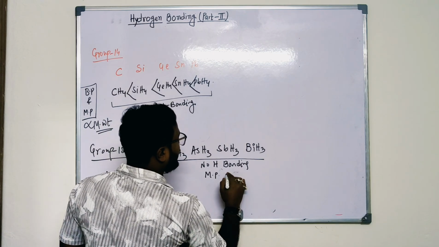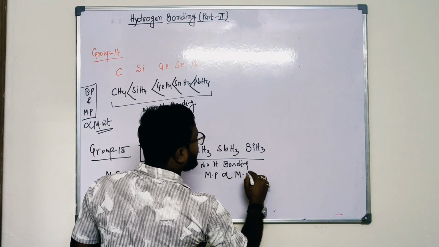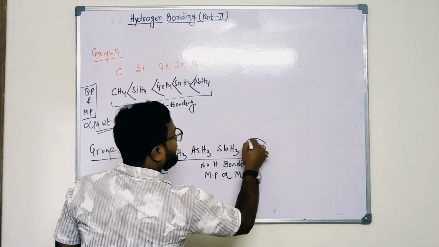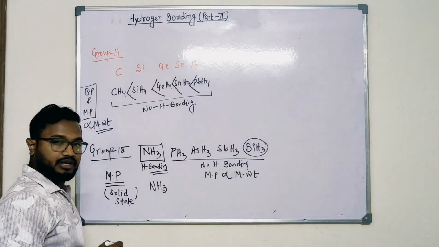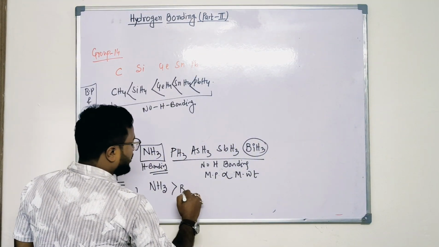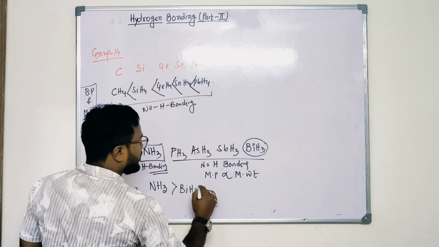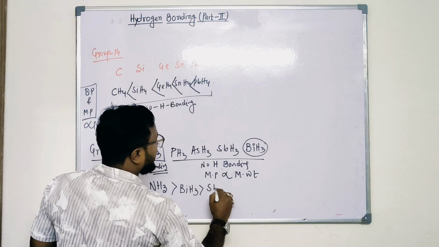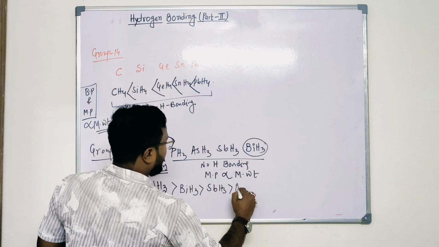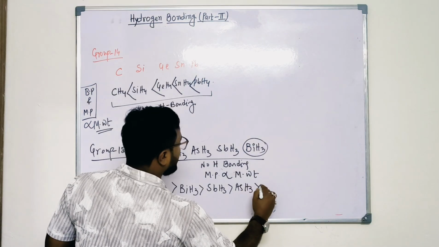So melting point is proportional to molecular weight, and among them BiH3 has highest molecular weight. So after NH3, it will come BiH3, after BiH3 SbH3, then AsH3, then PH3.